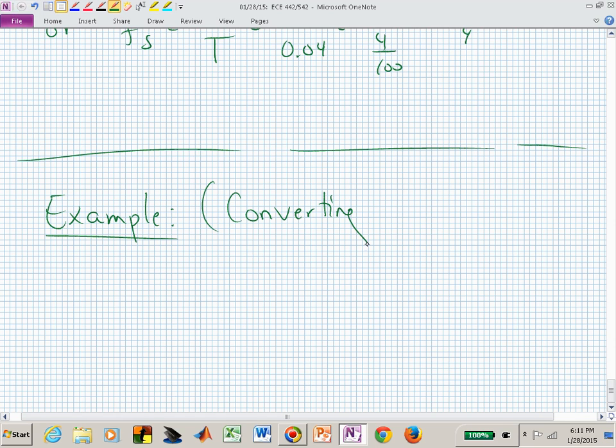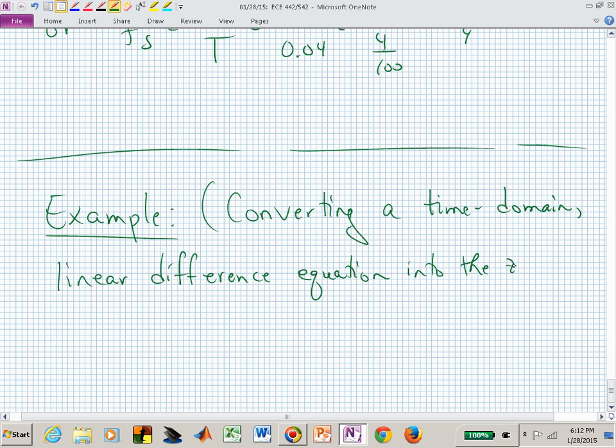Now that we hopefully understand a little bit more about this z variable, let's talk about converting a time domain linear difference equation into the z domain to obtain a transfer function.